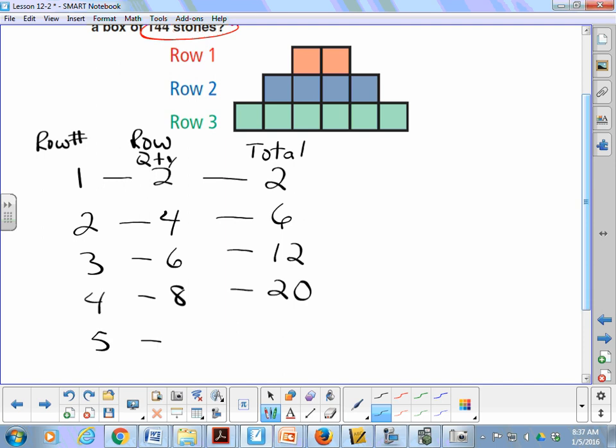And then I'll just keep making my table until I get to the point I want to be at.